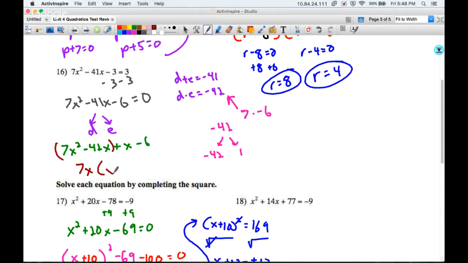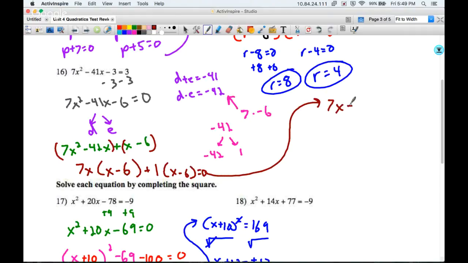So I pull out a 7x, leave behind an x minus 6. Then the greatest common factor of this second group is actually just a 1, but I'm still going to write it as 1 times x minus 6. Now this goes to this here, still equals 0.